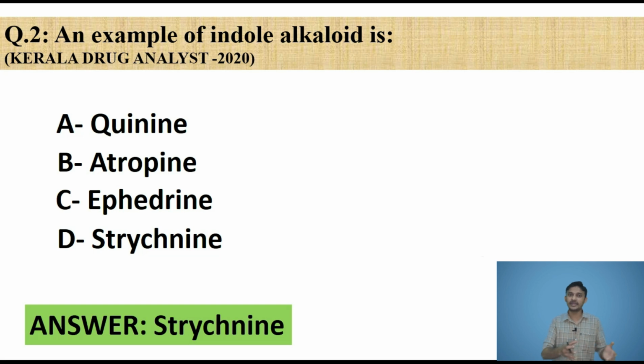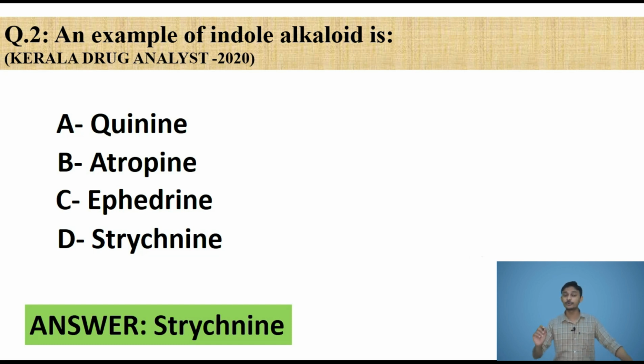Atropa belladonna, that is belladonna, then datura, then hyoscyamus, all contain atropine and hyoscyamine as the chemical constituent. Then purine alkaloid, tea and coffee is a purine alkaloid. Example for pseudo alkaloid is caffeine.